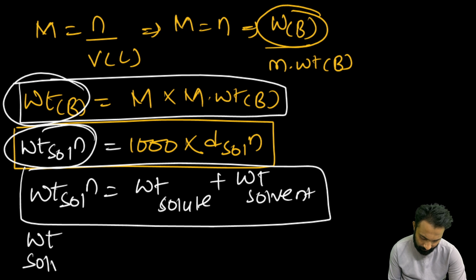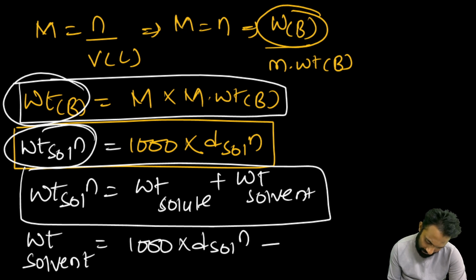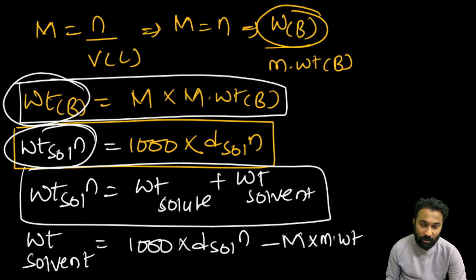Weight of solvent is equal to weight of solution minus weight of solute, right? Weight of solution is 1000 into density of solution, minus weight of solute, which is molarity into molecular weight.